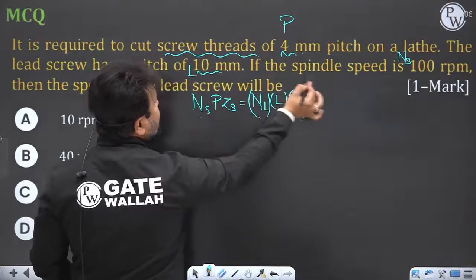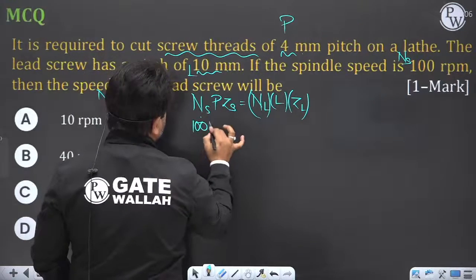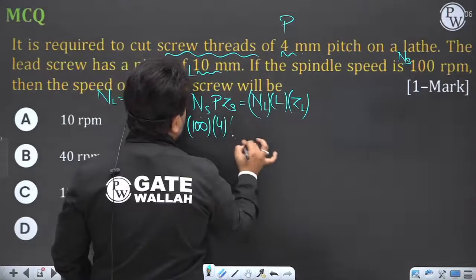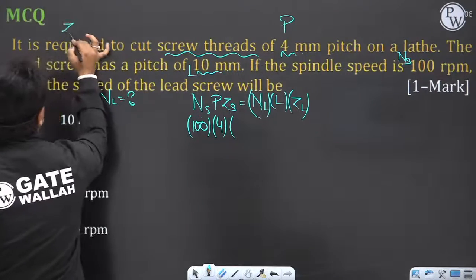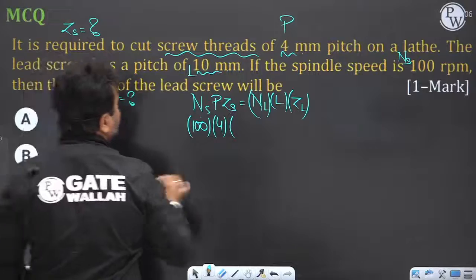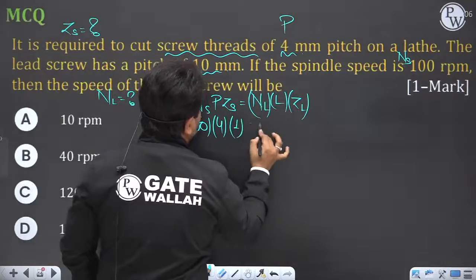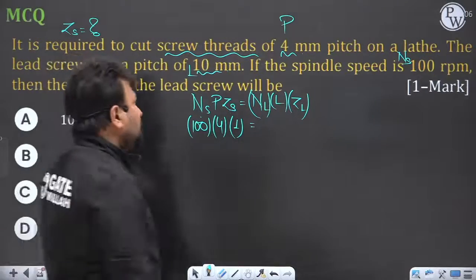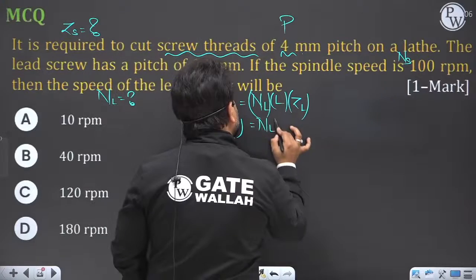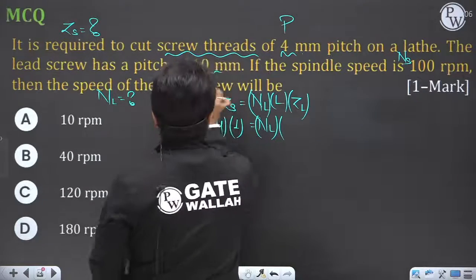Here NS is 100. Pitch is 4. ZS, the number of starts, is not given, so we will take the minimum, which is 1. Here NL we have to find out. L is given, that is 10.